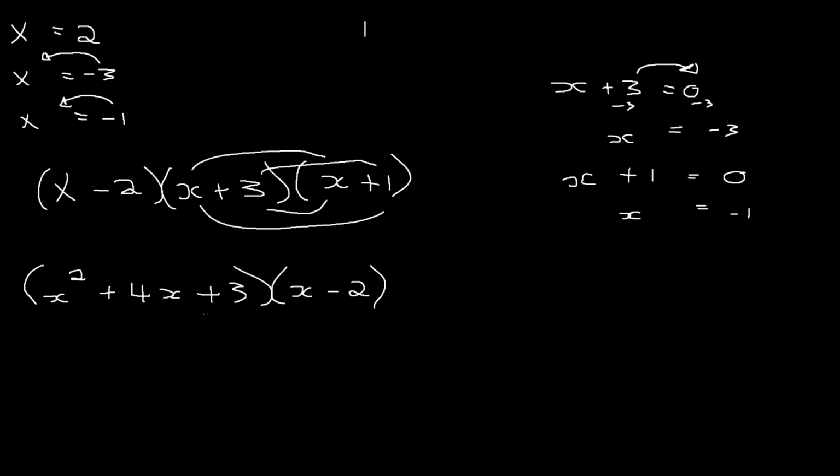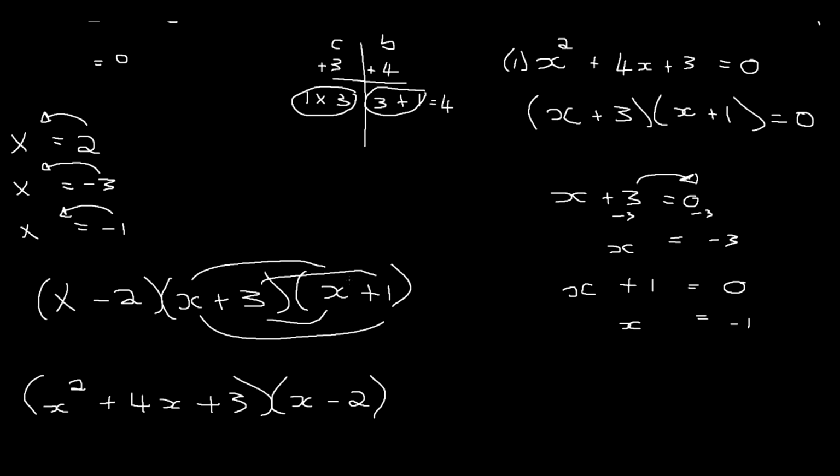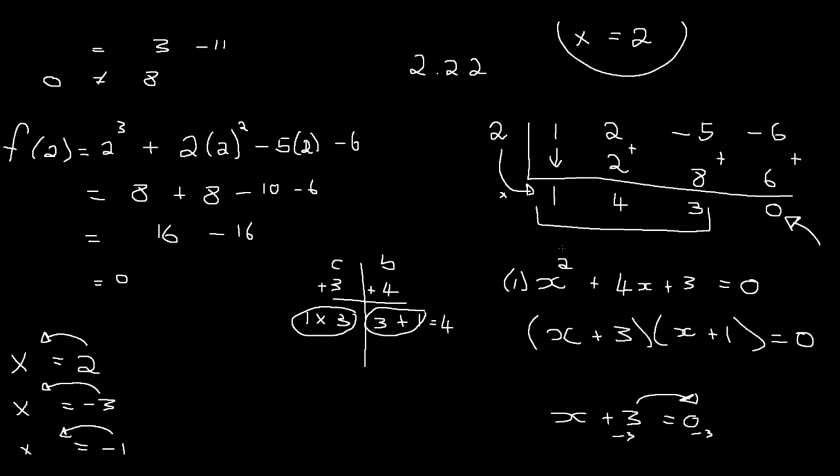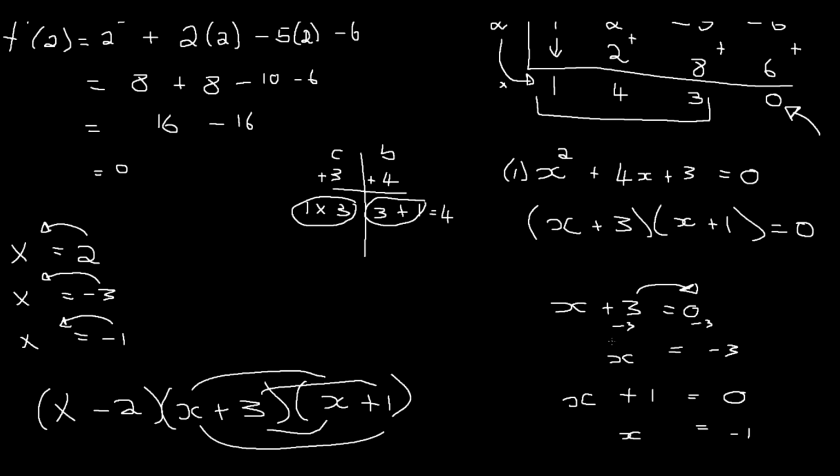So now we've factored a cubic function and we found the values of x. So again, if we find this type of equation, we will simply have a quadratic equation with coefficients x squared plus 4x plus 3. I factor this one, I find the remaining 3 answers.